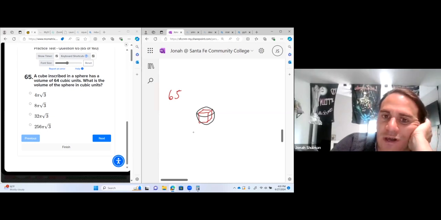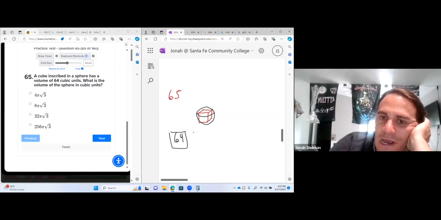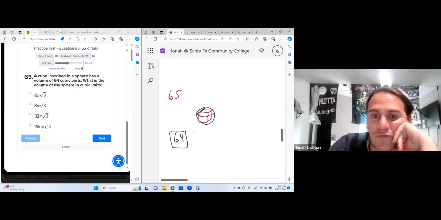So if they're saying the volume is 64 of the cube, how much is one side? We just need to know one side of this thing. And that's going to help us. So if I have just like we have the square root, the cube root means the same thing. So we'll go back to our square of 9. Because this is 3 by 3.